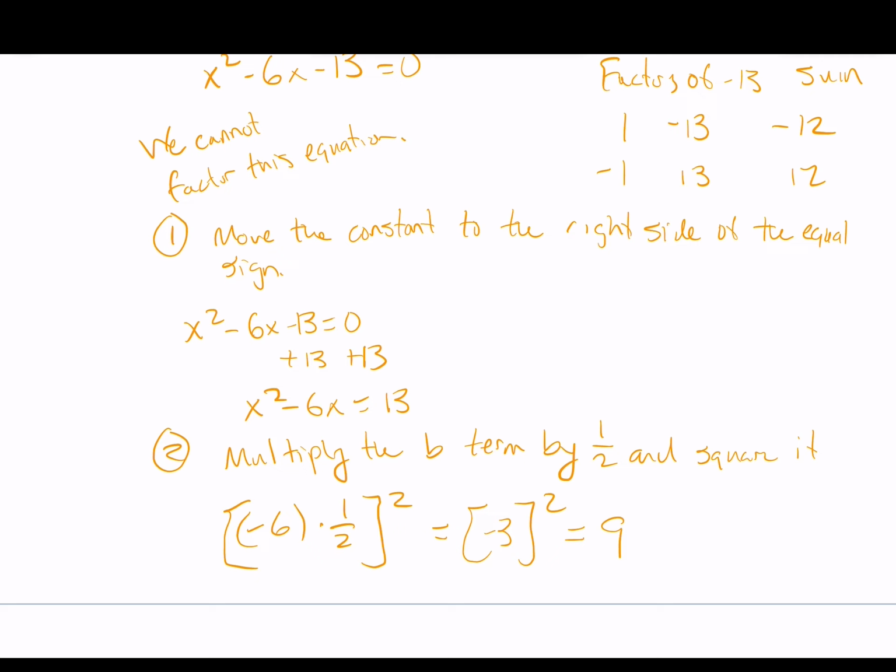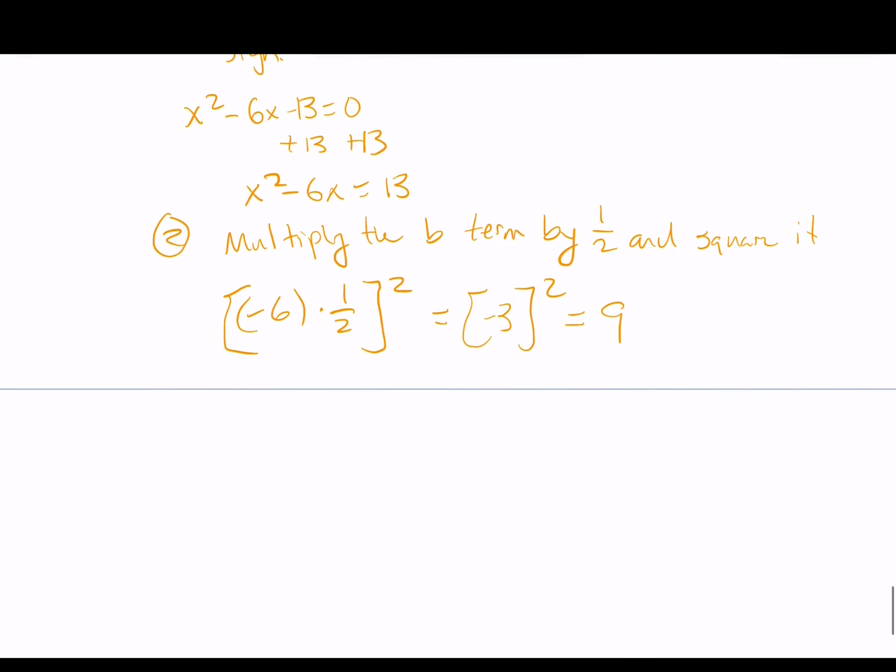So now what we want to do is add that 1/2 b squared to both sides of our equation.